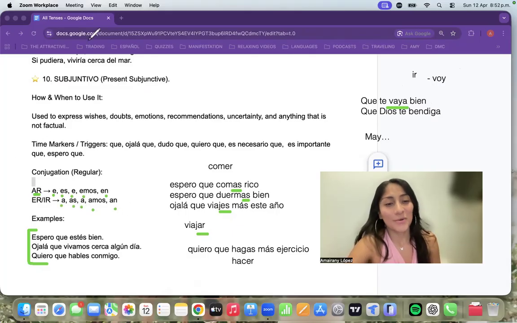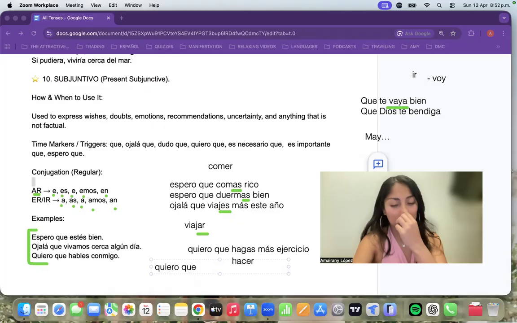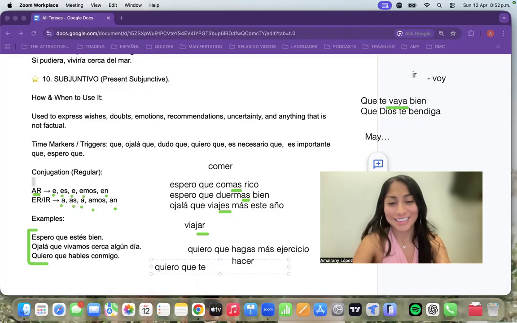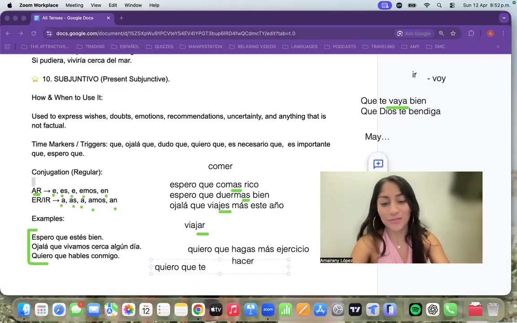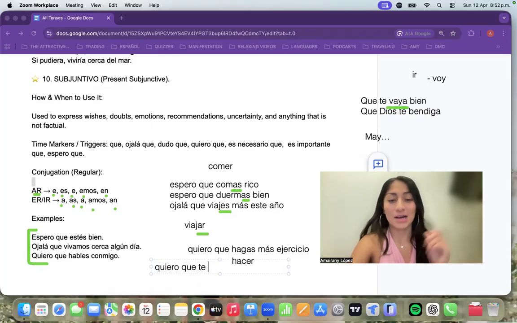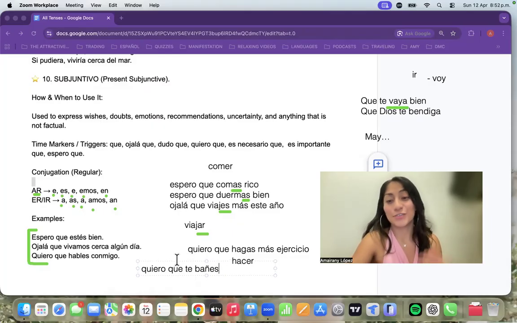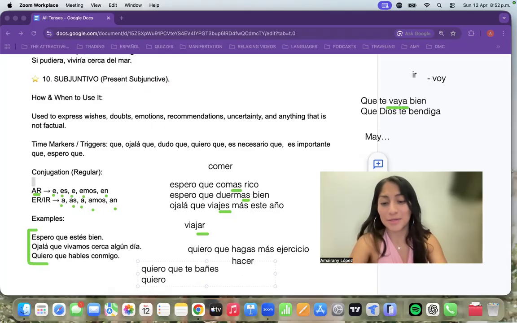Okay, so "quiero que," I want you to. And now let's use the reflexive verbs. I want you to shower. "Quiero que te bañes." "Bañarse" ends with "ar," but the opposite of it would be "es." I want you to shower yourself, right? I want you to get up.